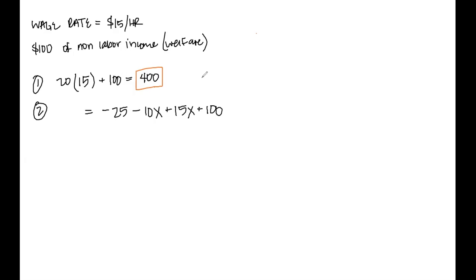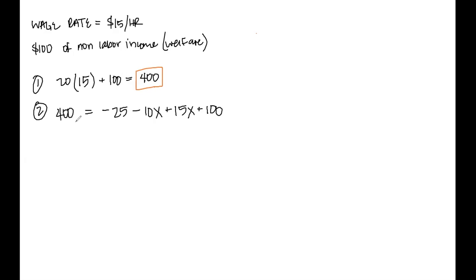So the benefits are going to be her earnings from working $15 an hour, which we see as 15x, and then $100 from welfare. Then she has the fixed cost of $25 a week, and then the variable cost of $10 an hour, and that puts together this equation. And then we want to set that equal to $400 because that's the amount of income she's trying to get back to.